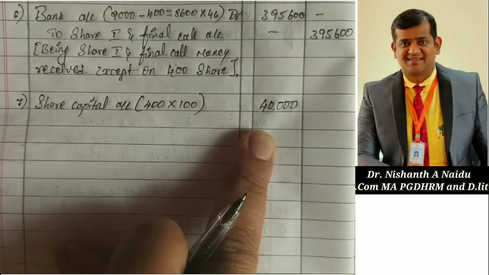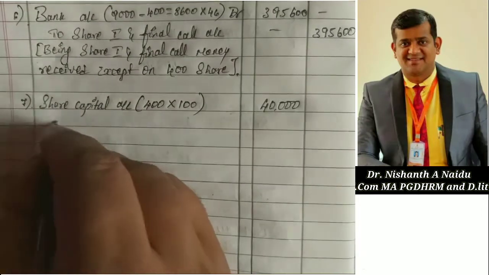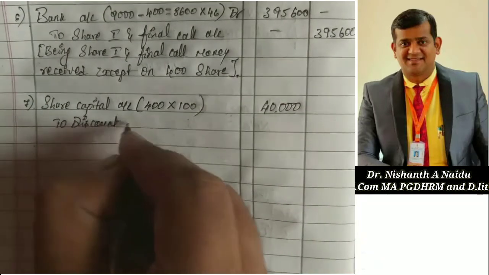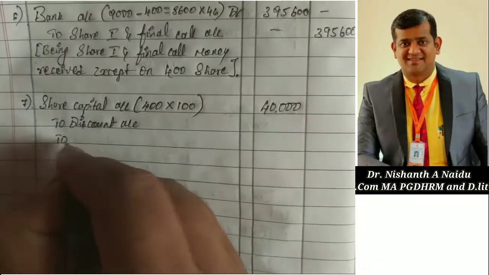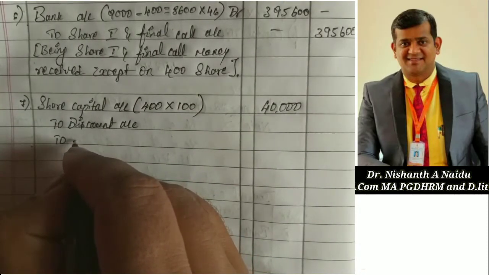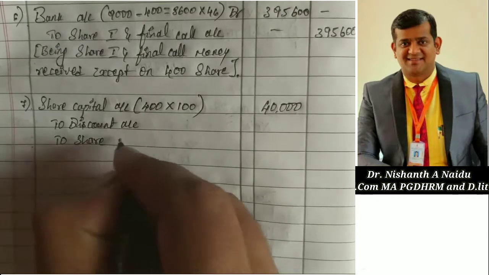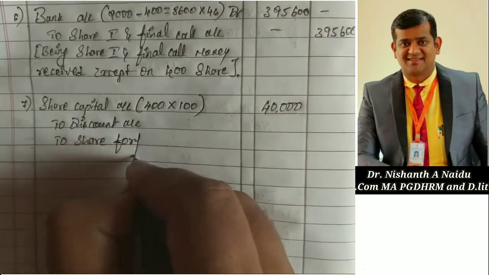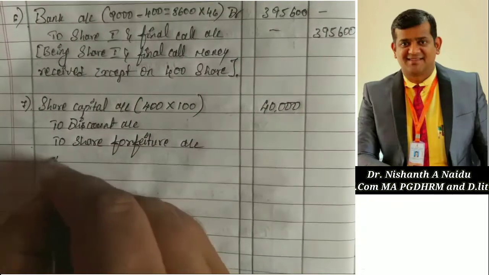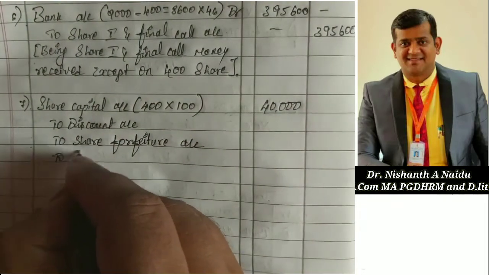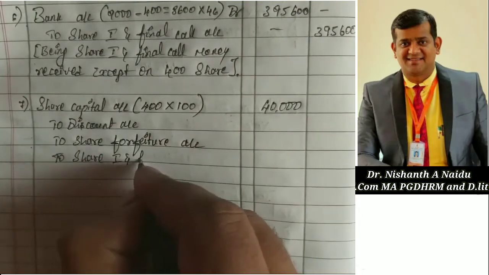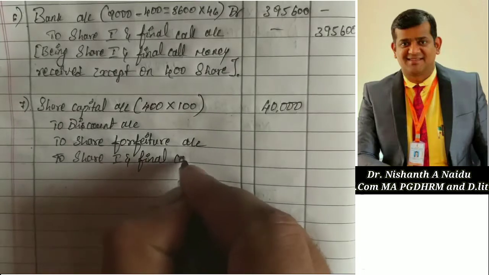So now you have to show to discount account the discount we have given, then to share forfeiture account, and to share first and final call account, the money they did not pay.